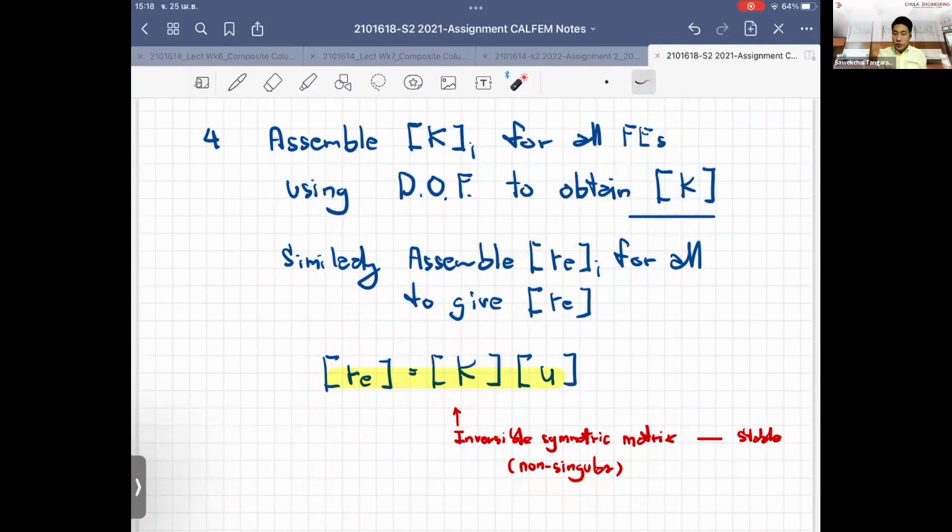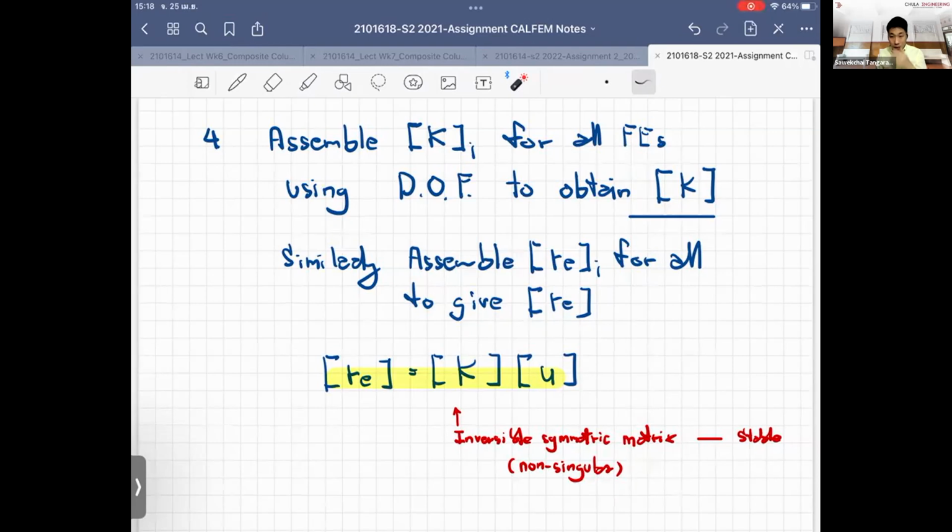And there are a lot of issues that we can check for the K matrix, especially if you want to look at the nonlinear behavior of the structure, which we don't cover in this course. We can check the properties of the matrix, for example whether the matrix is definite or indefinite, but I don't want to go into the details.